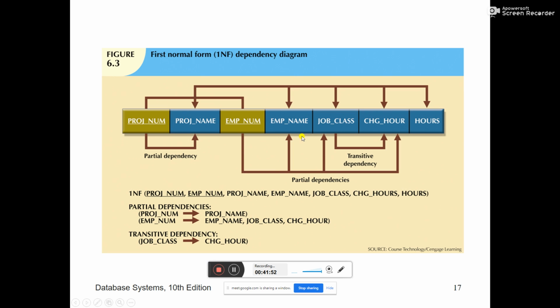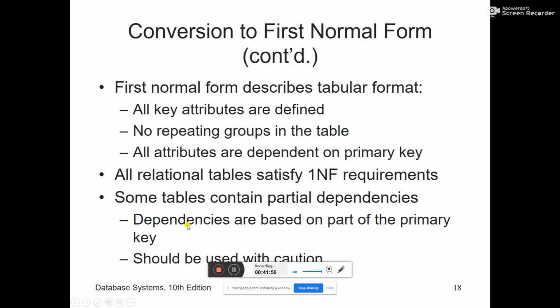In second normal form we remove partial dependencies. Some tables contain partial dependencies, which are based on part of the primary key. If we have a single attribute as a primary key, then there will be no partial dependencies, so our table is already in second normal form.